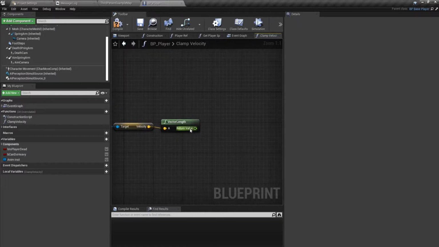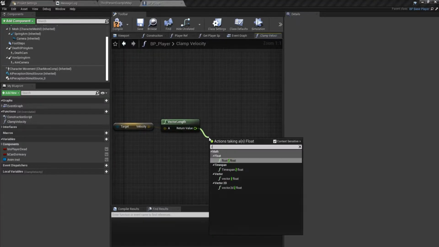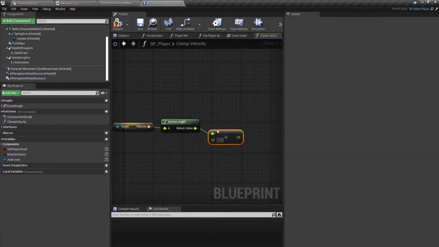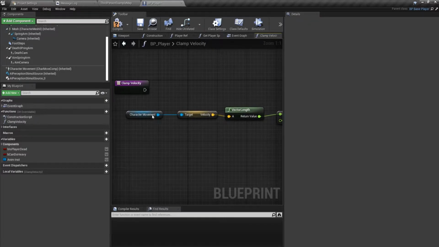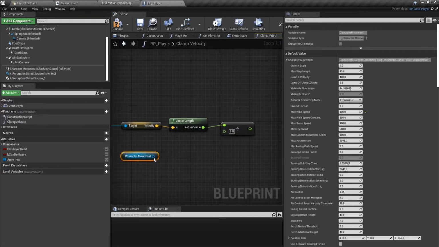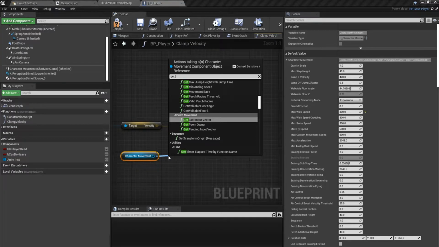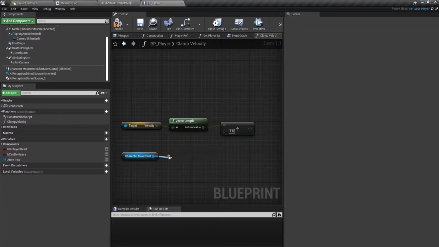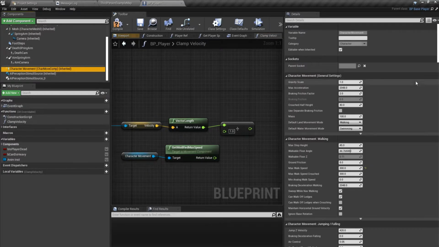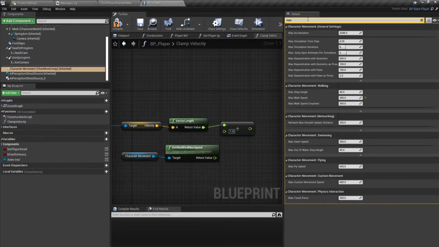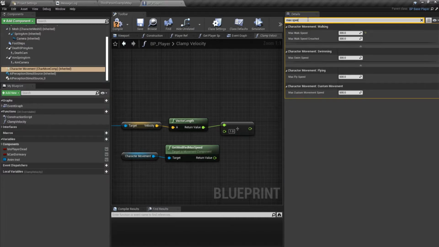So what we want to do is divide this, and why we want to divide it, I'll tell you right now. We want to get the max modified speed, not the normal max speed, because at this point, if you see, the max speed that we have is 300. But when we are sprinting, it would be 600.